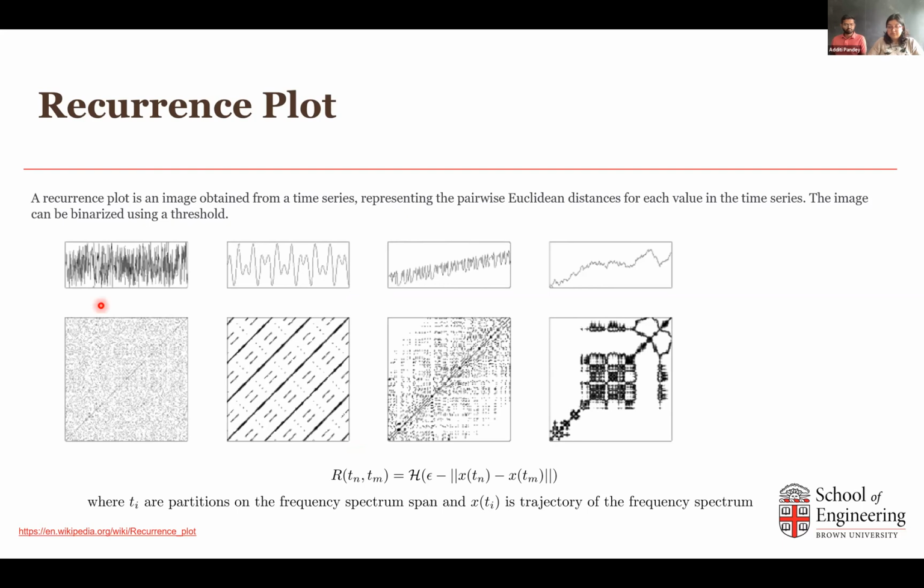The audio signals from the time domain were converted into the frequency domain through a Fourier transform, and then the frequency spectrum was divided into discrete points separated by an interval of delta, and the frequency spectrum is treated as a trajectory in the phase space, where each point, x_tn, represents a spectrum state at some time tn. If state x_tm lies within an epsilon radius of x_tn, then it is considered to be a recurrent state.